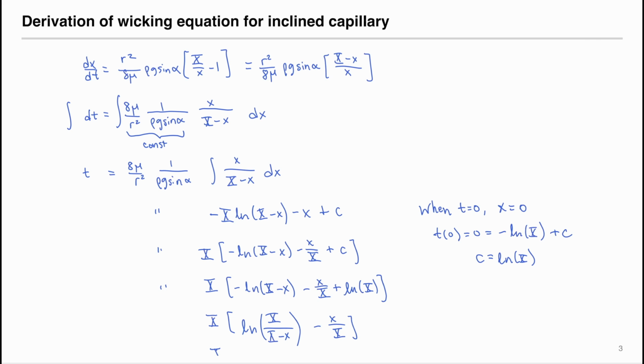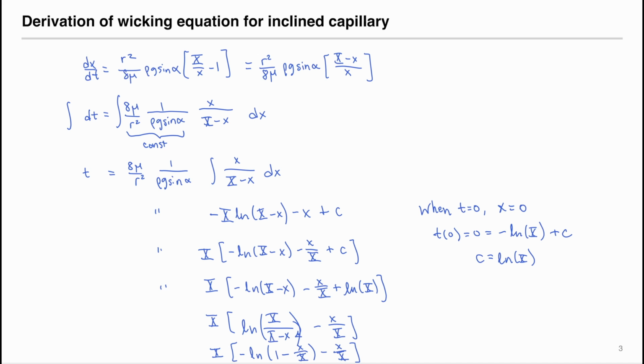And this can again be written as, if we invert the inside of the natural log by taking the negative of natural log, so it flips, and at the bottom we have x, and at the top we have x divided by x. We will have 1 minus small x at the top, big X at the bottom.